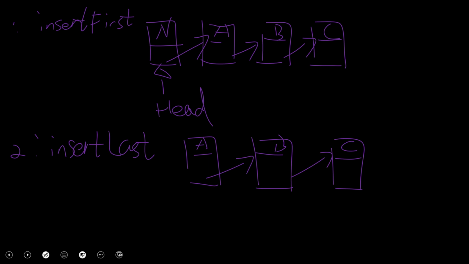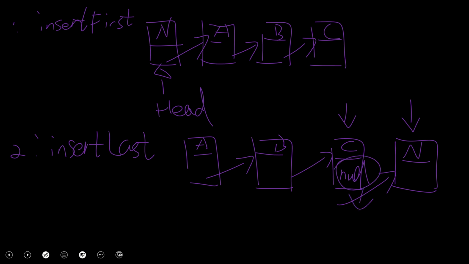If we want to link the new one over there, for example this is n again, first we need to make sure the previous tail, whose next is none, is changed to the new one. So this one we change to n. And n points to nothing, right? We make its next a none.